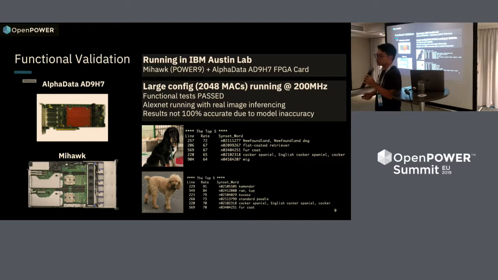This work is in progress. We are trying to tune the accuracy of the whole system, and the major work is on the software side, because we need to understand their compiler settings. We need to pick the correct models, and we need to compile the model into a workable, loadable binary format.